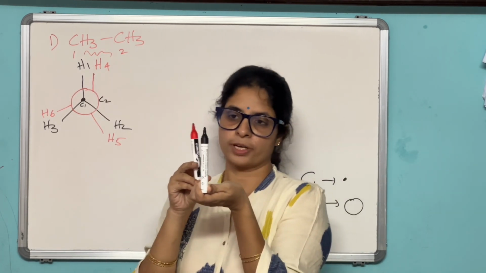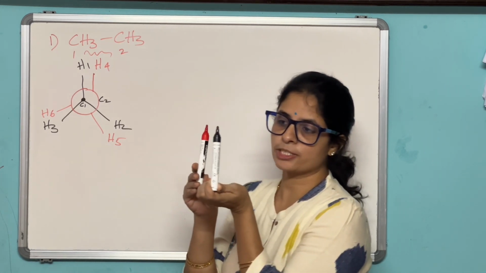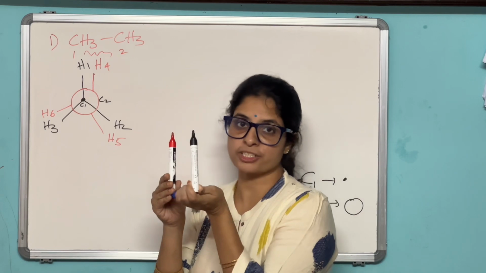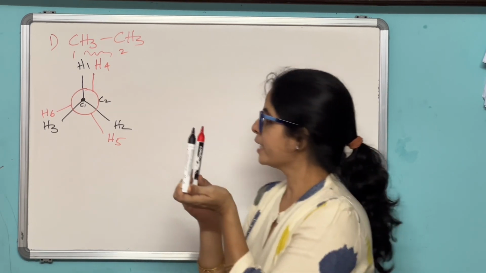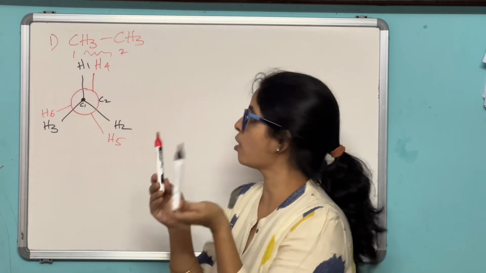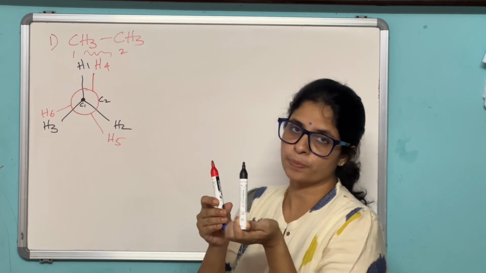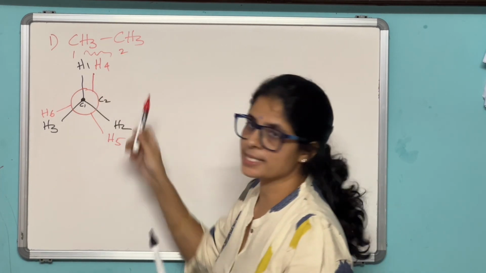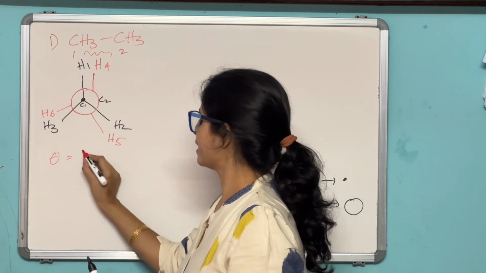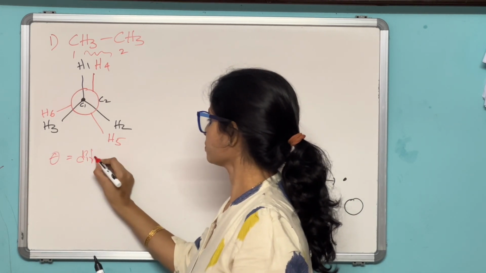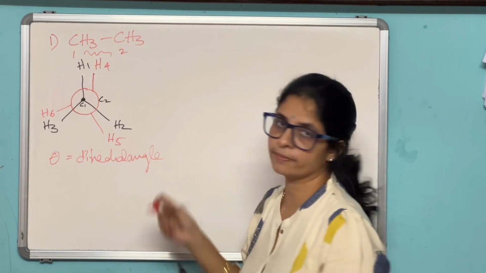If you observe, these two hydrogens are spatially closer, and the angle between the groups of the two adjacent carbon atoms we call theta, which is the dihedral angle or angle of rotation, whatever it may be.